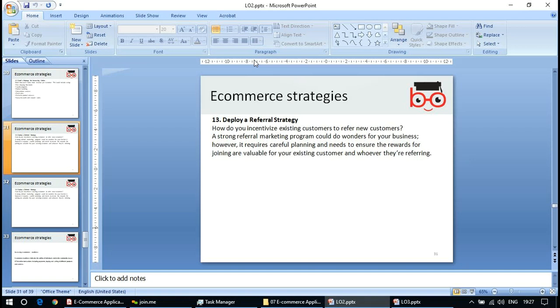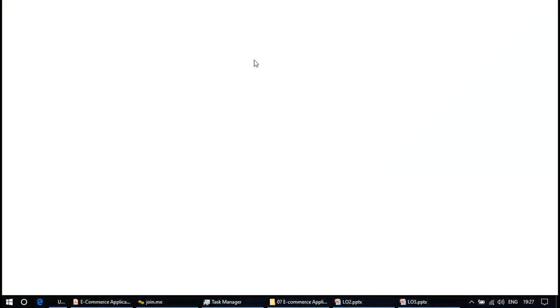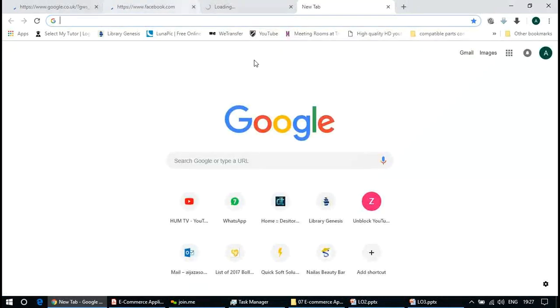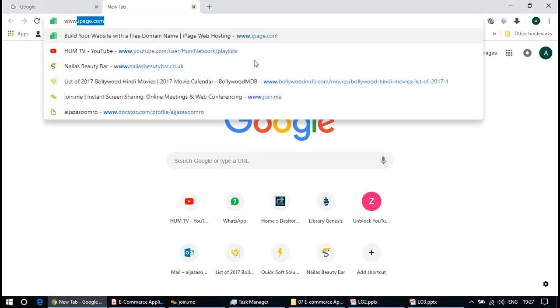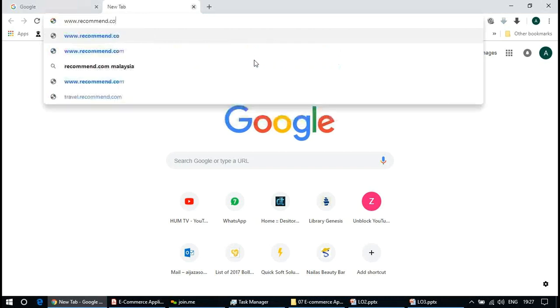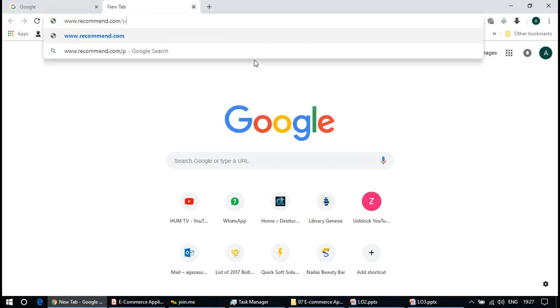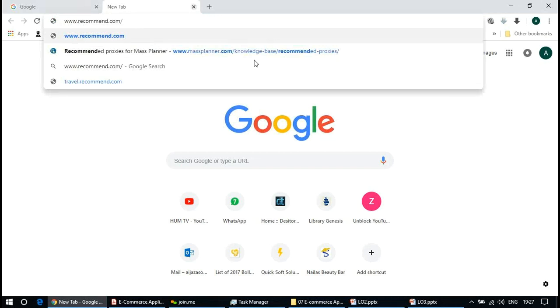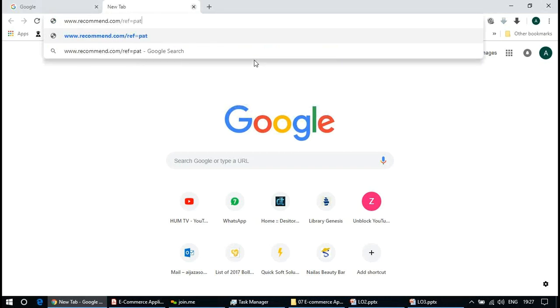And how it happens normally, when you type in a URL, for example, a website is recommend.com, and in the URL a referral equals the person's name.